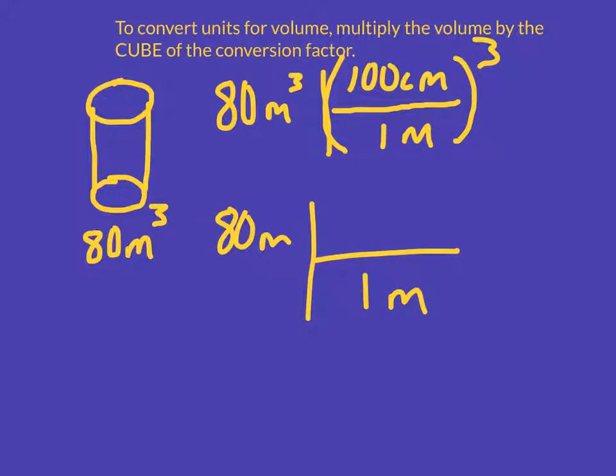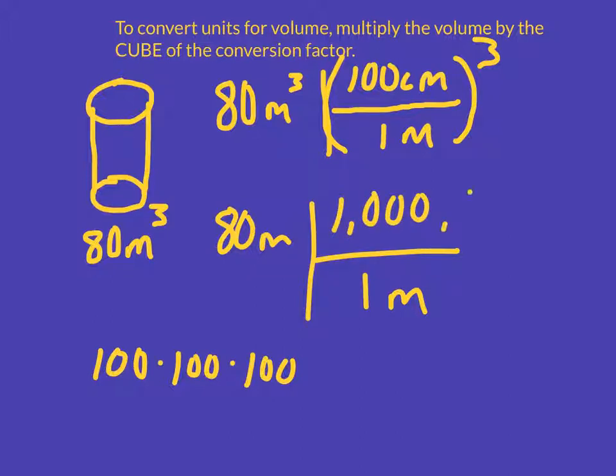And 100 times 100 times 100 on the top, that's 100 cubed, which is going to be 1 million. We need to put our unit there, centimeters, and then cross out the meters.